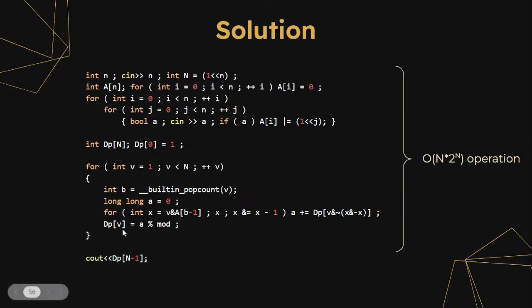Then I will iterate over all the set bits in V, remove that bit and add the answer after removing that bit, and finally I will take mod and get the answer.